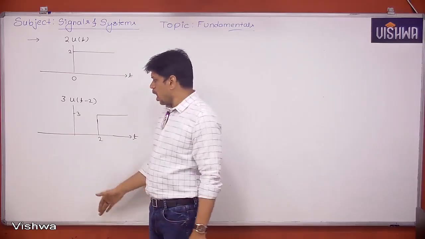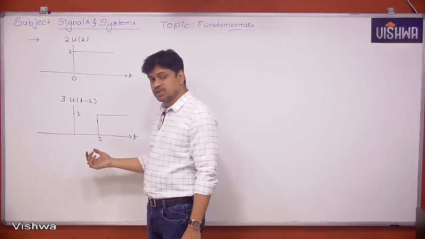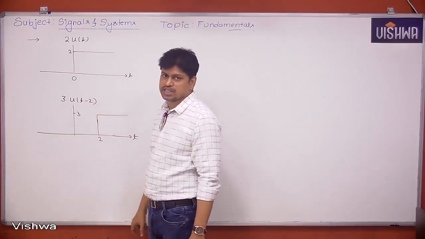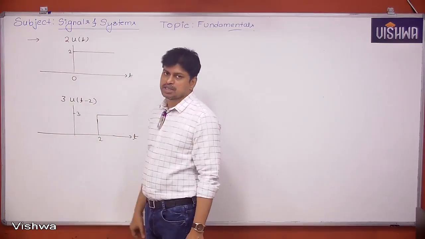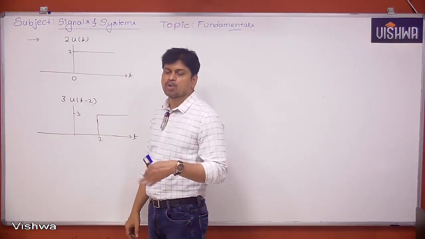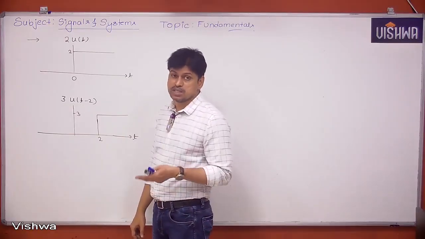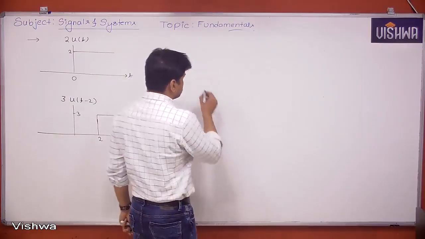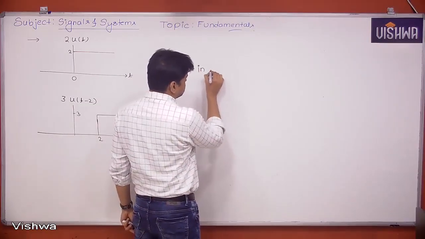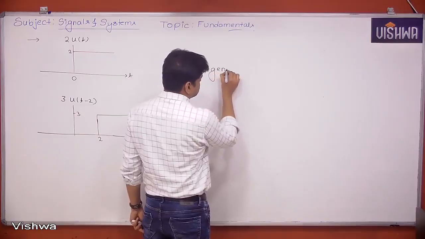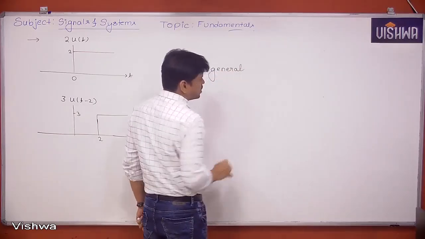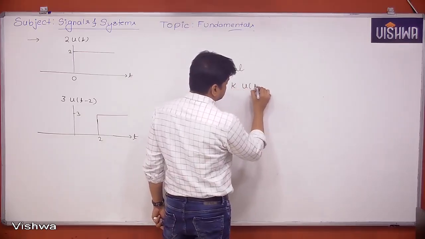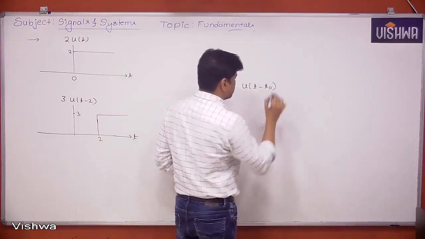Next, how much jump or how much discontinuity is it going to introduce? That is nothing but 3 units. That is nothing but the coefficient. Or 2 is nothing but the coefficient, which is nothing but the amount of discontinuity or amount of jump, we can say. So suppose in general it is given like this. In general, k u of t minus t naught is given.